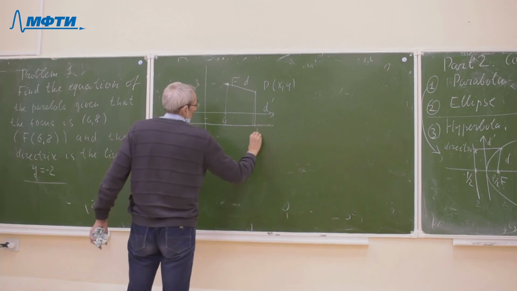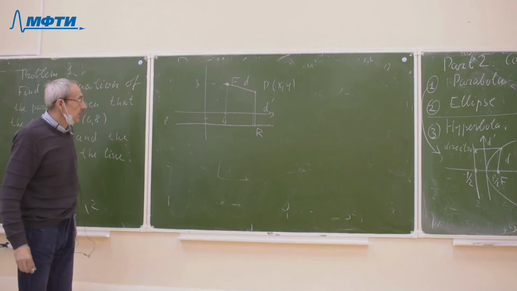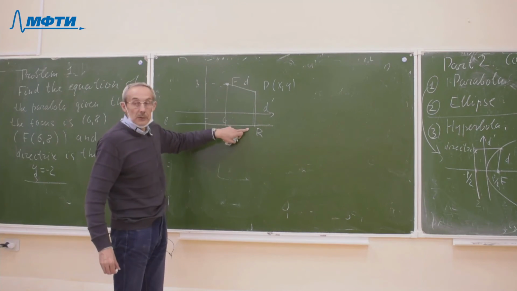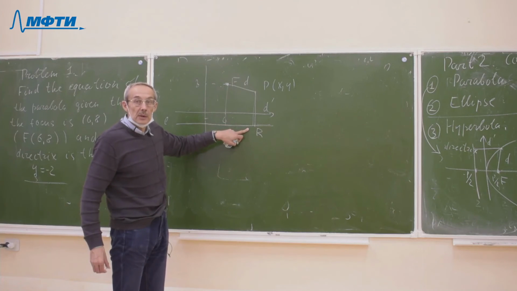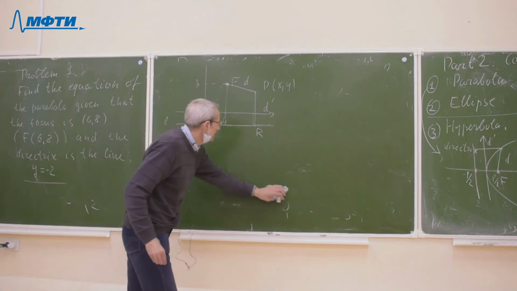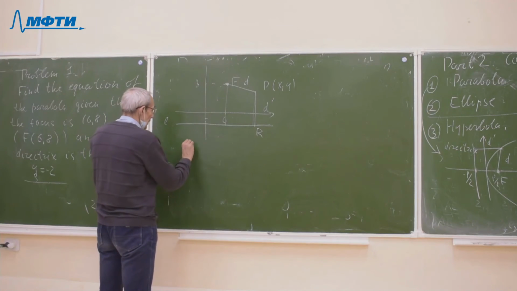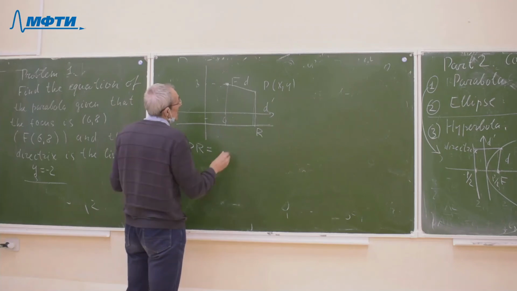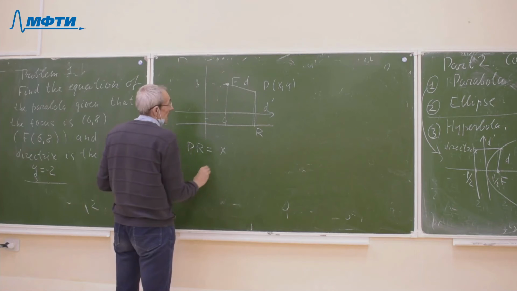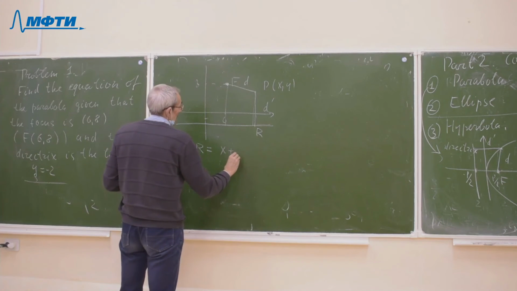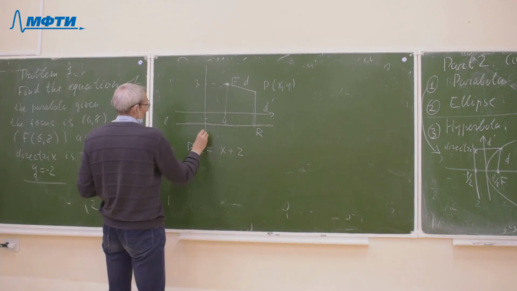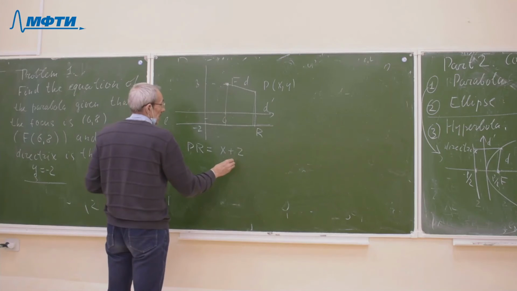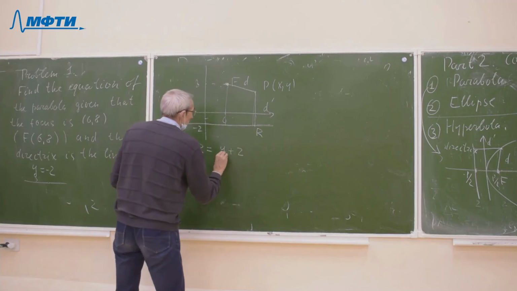And let R be the base of the perpendicular which passes from point P to our fixed straight line A. And it's easy to see that this distance PR is equal to y plus 2.